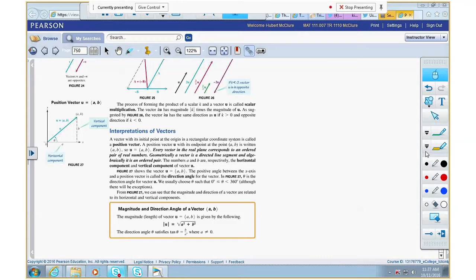Now there could be three vectors given, and with three vectors you're talking about head and tail. We'll get into that a little bit later. So the absolute value of u, or the hypotenuse, is equal to the square root of one leg squared plus the other leg squared.